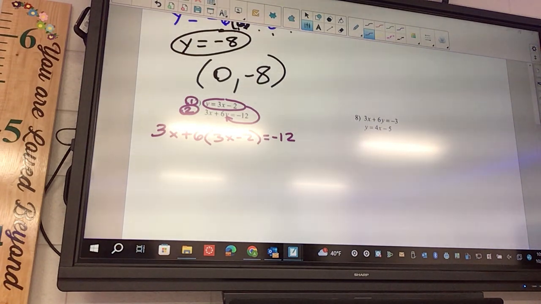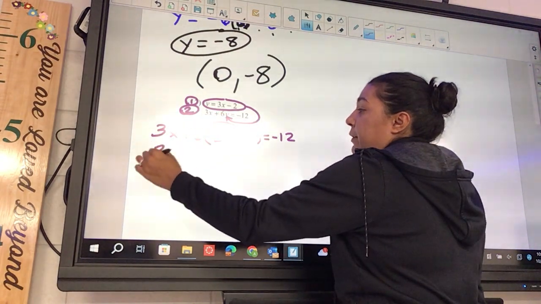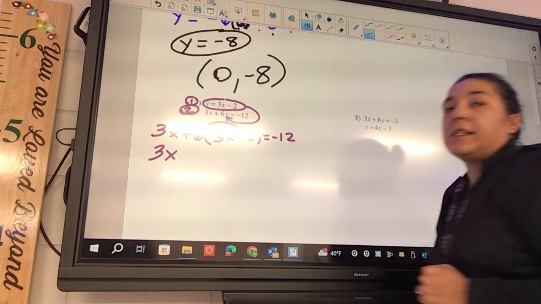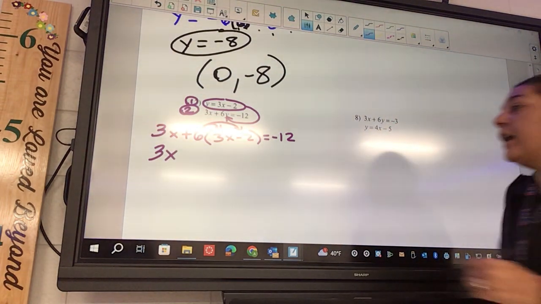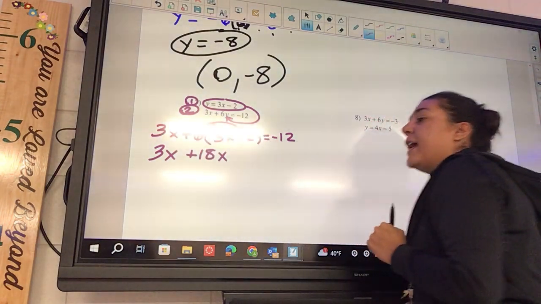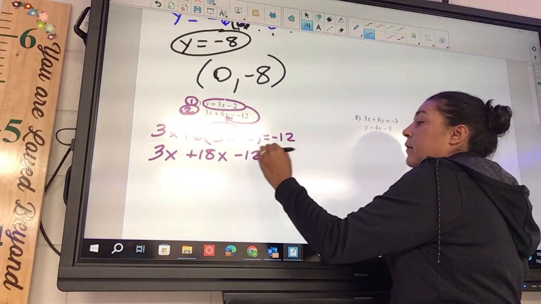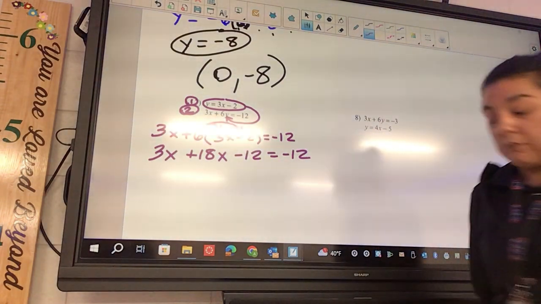Okay, and then we're going to distribute. So I got 3x. What is 6 times 3? 18x. 6 times negative 2, negative 12, equals negative 12.